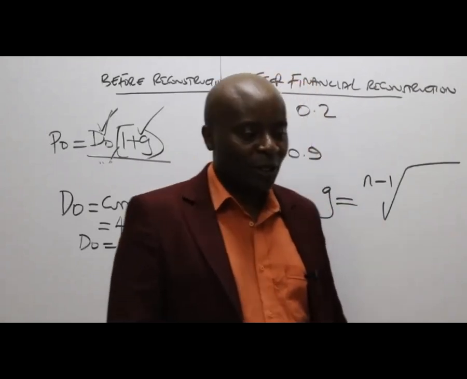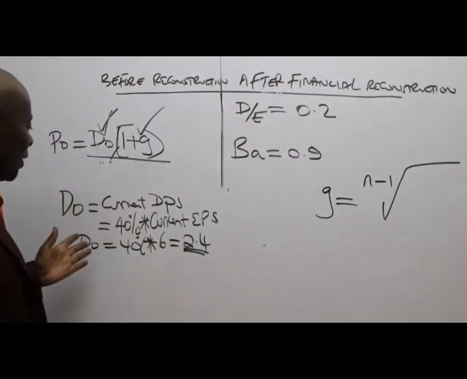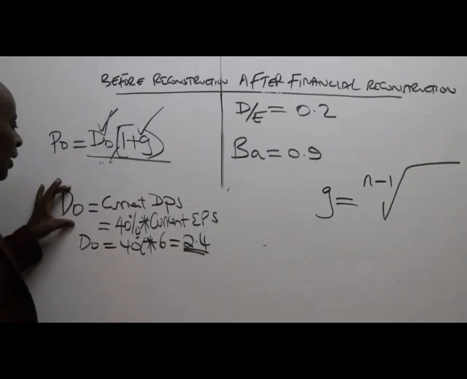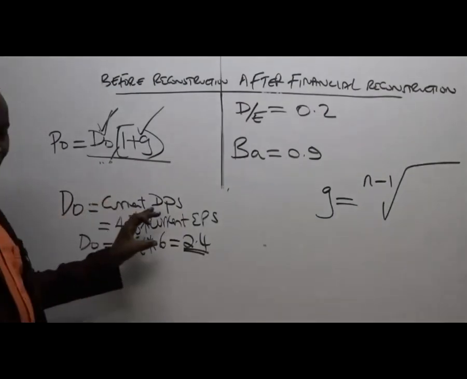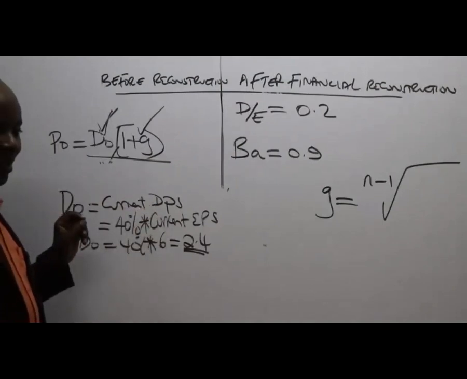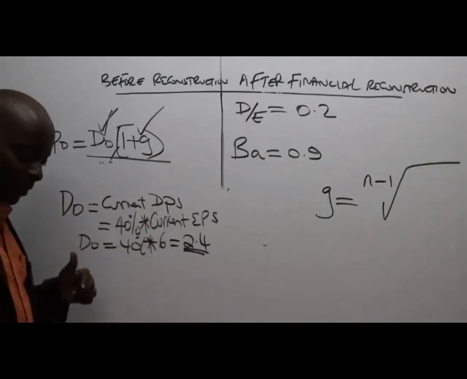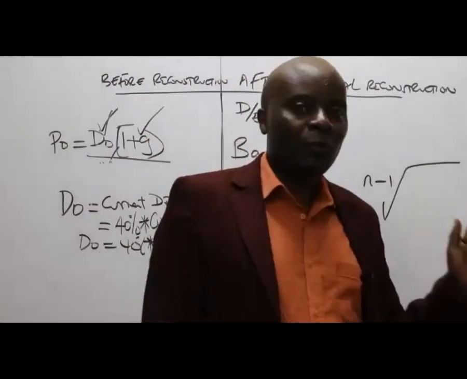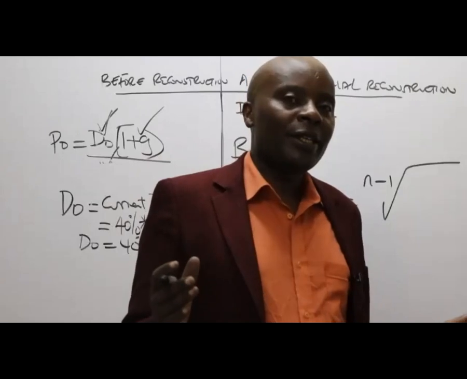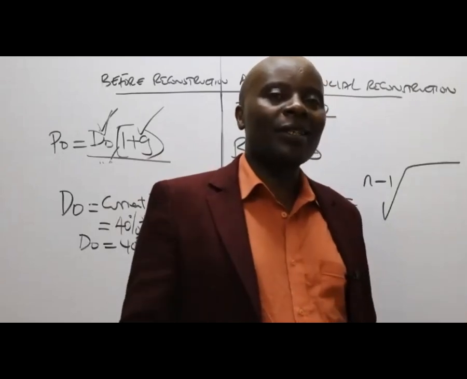Sasiet wants me to repeat the formula. How do we get current dividends? We take the dividend payout ratio times the current EPS. The examiner has told us that this company is looking at funding its future growth in a big way, retaining 60%.